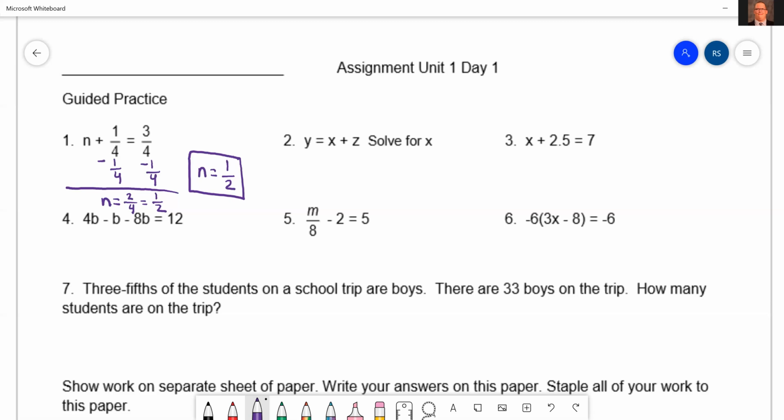Okay, on the next one, if you notice they're all variables. That's okay. We can still solve them even though they're all variables. What I highly recommend, whatever it says to solve for, in our case it's an x right here, highlight that or circle that in your problem.